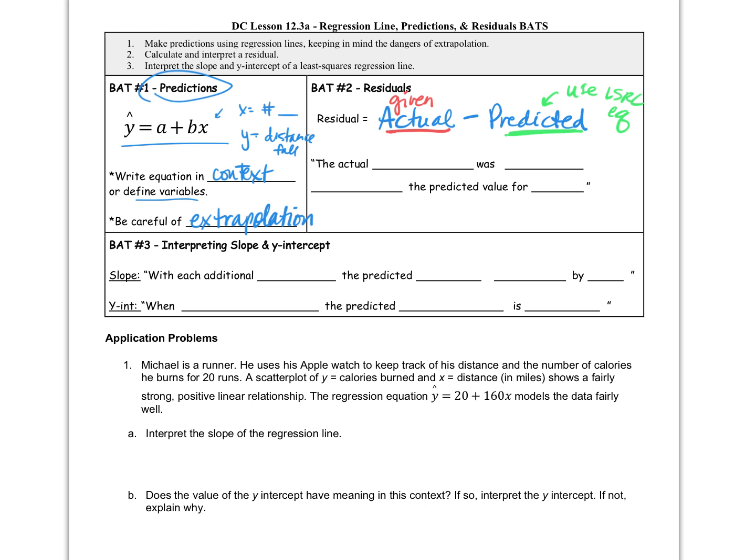minus A, right? So then if you're interpreting that, you would say the actual, and you would put the response variable in context.